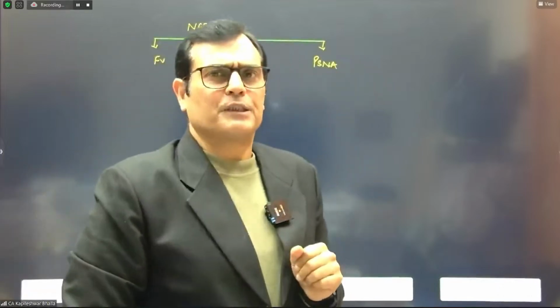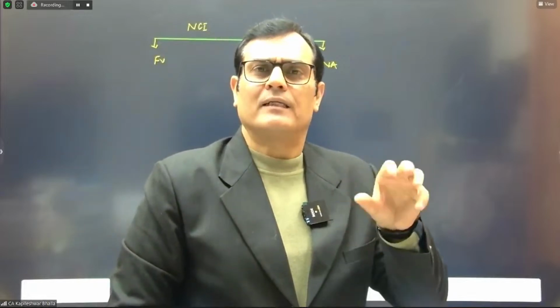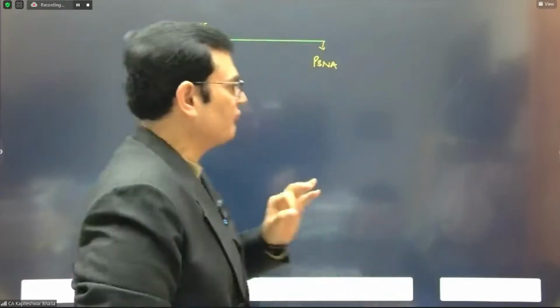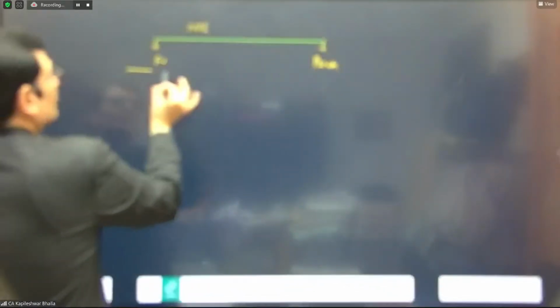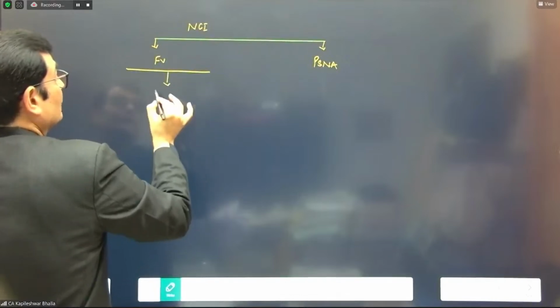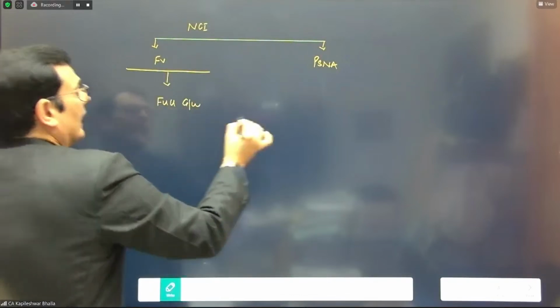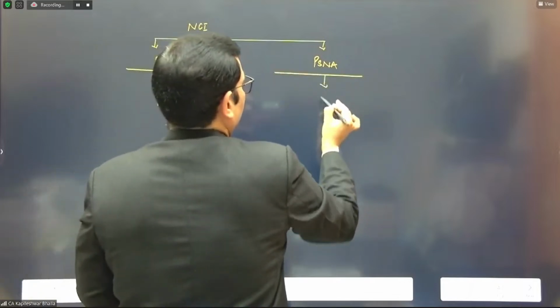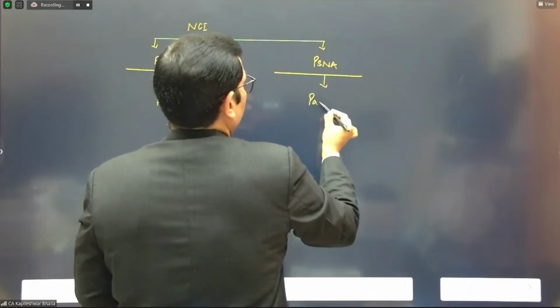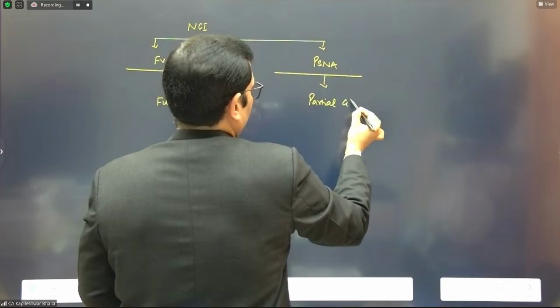I'll be coming to this discussion later again in detail when I come to the consolidation standards, but for the time being, when you consider NCI at fair value, it will lead to what we call a full goodwill. And when you calculate the NCI at PASNA, it will lead to the concept of what is called a partial goodwill.